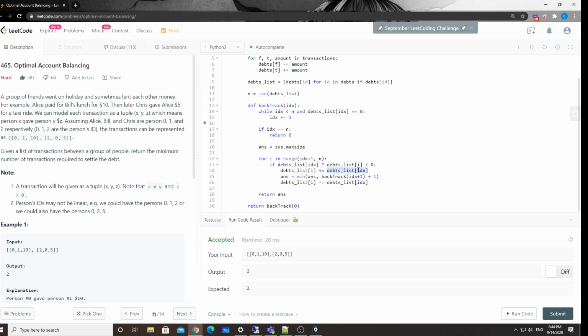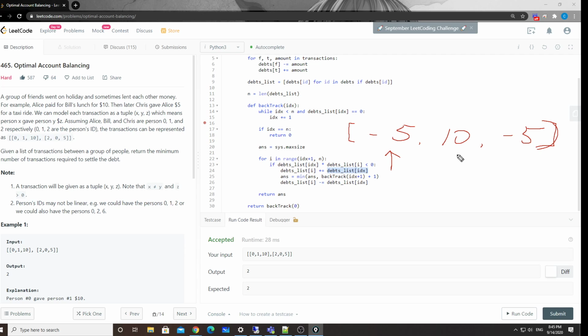But since we're always trying to settle the current index here, let's say we have negative 5, 10, and negative 5. After the first settlement, based on our code, this is the current index, and now this one will become 5.